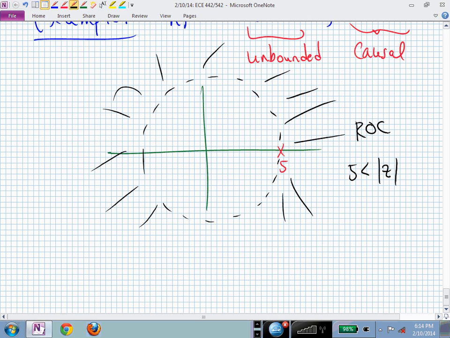So the region of convergence being outside the poles allows the z-transform to exist, but it corresponds to an unstable time domain sequence.